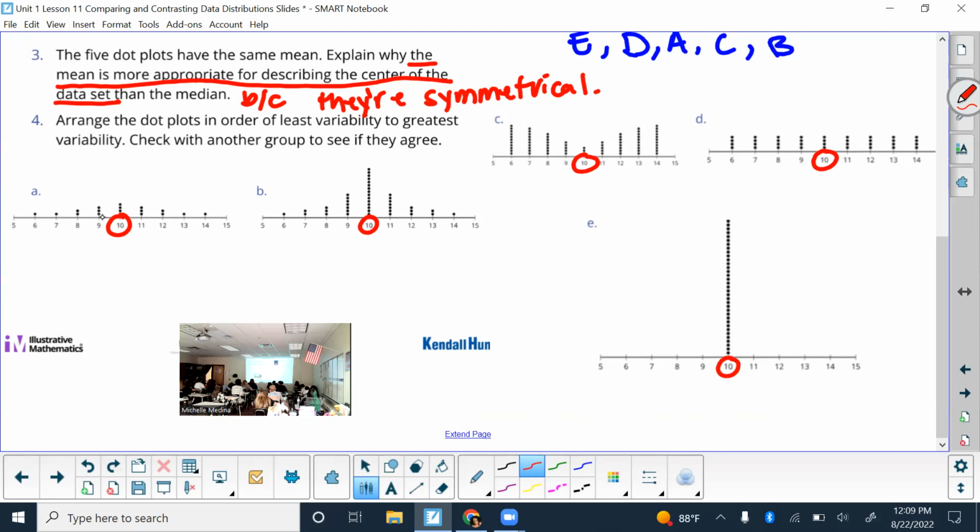For number 4, rank the dot plots from least spread out to more spread out. And that's your answer to the 4. So this was your answer to the 3. I would write the sentence so that you know what's going on. And then 4 is ranking these in order from least spread out to most spread out.